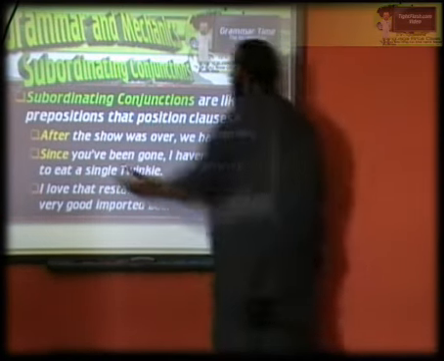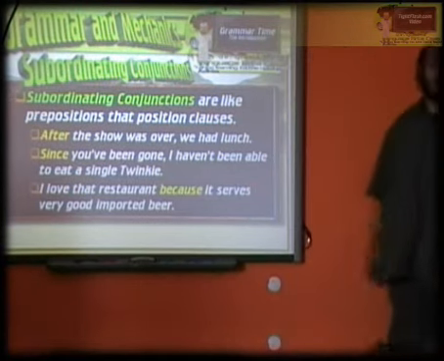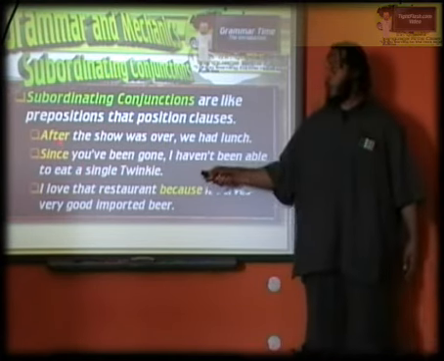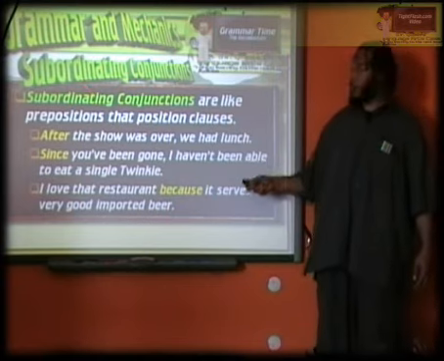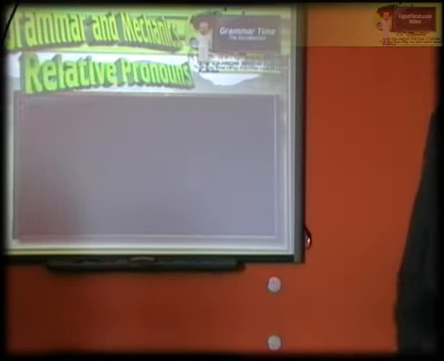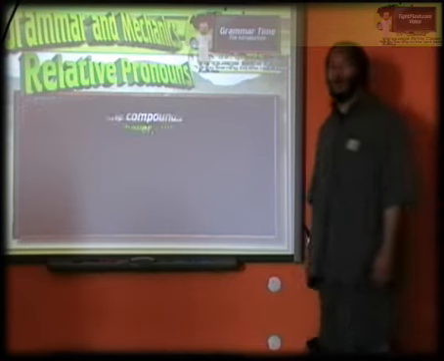These are the subordinating conjunctions. This is how they look in sentences. And as we can tell, based on where they are in the sentence, there are other things we have to do. We're going to talk about that. Okay, relative pronouns. Other words that start dependent clauses.